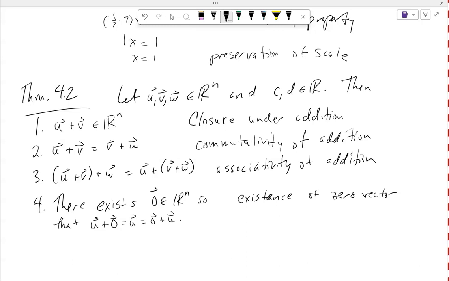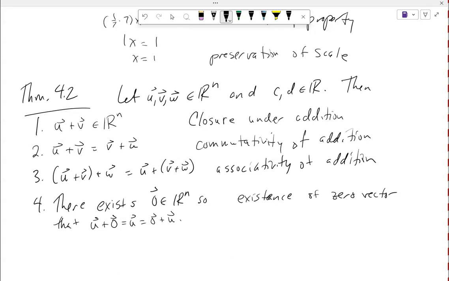Now, just because we said something is the 0 vector, it does not mean that it is necessarily the number 0. The 0 vector depends on the operation. In fact, the operation here, it's not the number 0, it's going to be the vector that has all zeros in it.